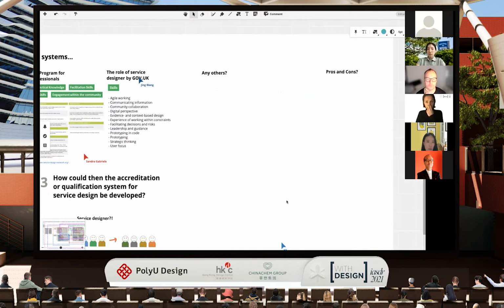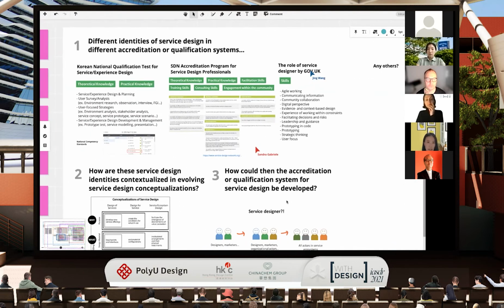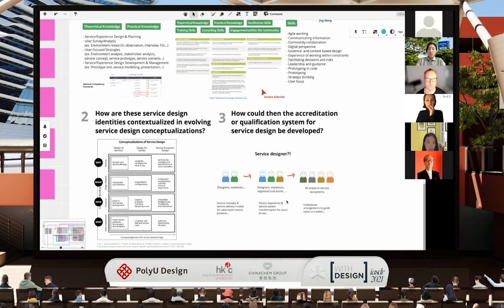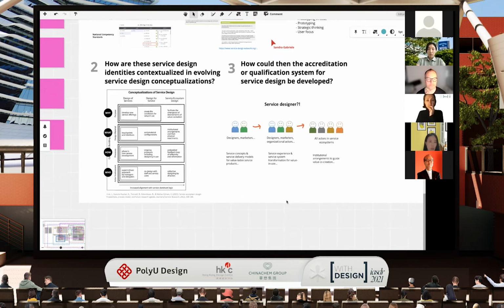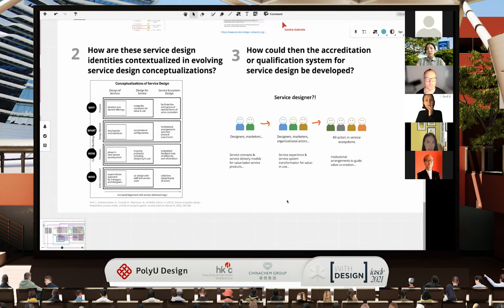And actually, while looking into these different accreditation and qualification systems, as a service design researcher, I was really wondering how these different service design identities as reflected in these accreditation systems could be contextualized in evolving service design conceptualizations.